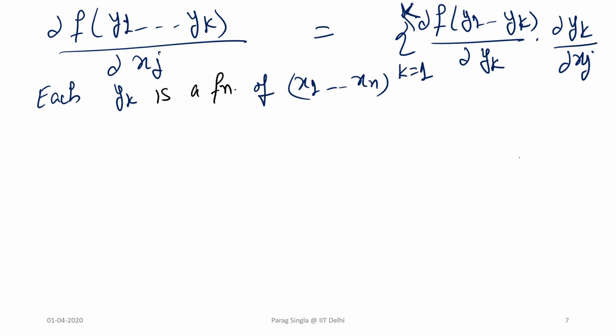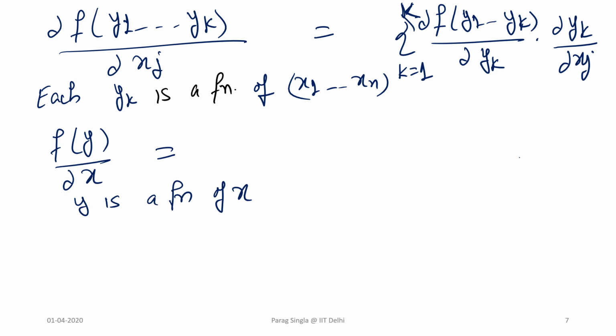Recall, for a single variable the chain rule says that if your function is f of y of x and we want to compute the differentiation with respect to x, then the derivative of f of y with respect to x, where y is a function of x, can be written as the partial of f with respect to y, times the derivative of y over the derivative of x.